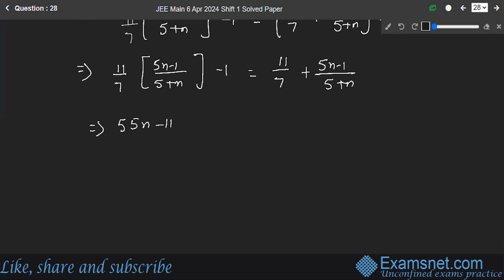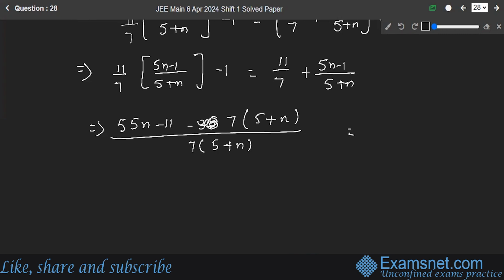Let's open up the brackets, and you will have here 55n minus 11 minus 7 into (5 plus n), whole divided by 7 into (5 plus n), and this is 7 into (5 plus n).